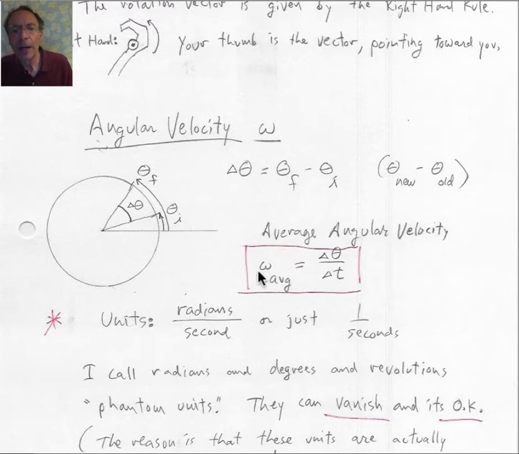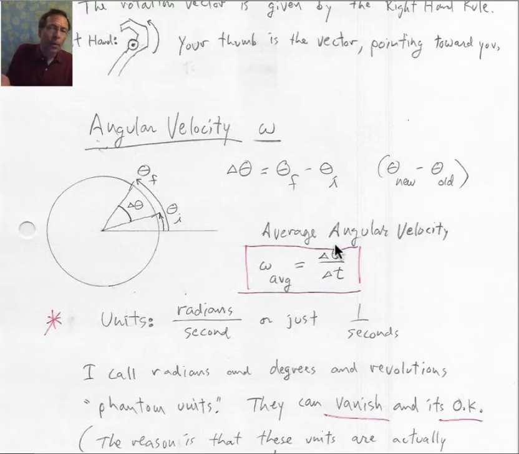We define that the average angular velocity is the change in angular position divided by time. And the units are going to be radians per second. So the angle is going to be in units of radians.